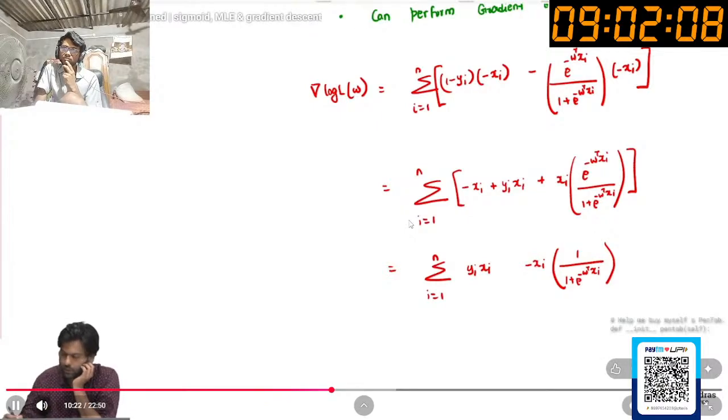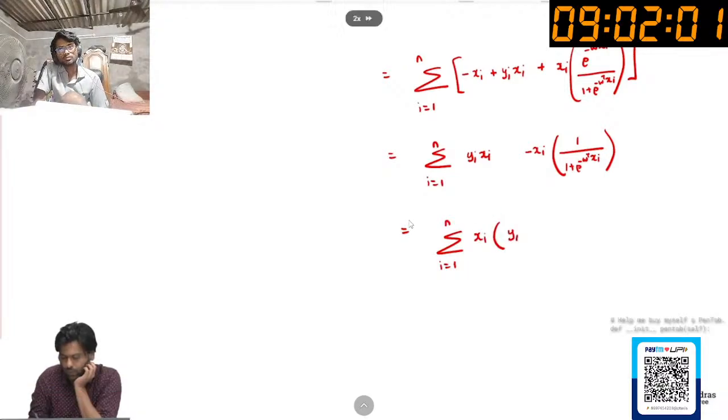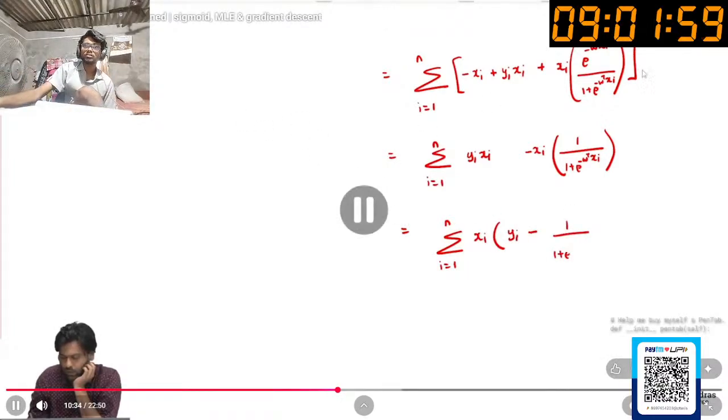Which finally has a nice form: the sum over i equals 1 to n of xi times yi minus 1 by 1 plus e power minus w transpose xi. This step is quite easy. We are just taking minus xi as common right here. So it will be minus xi, and from here 1 will come. So 1 minus this whole term.